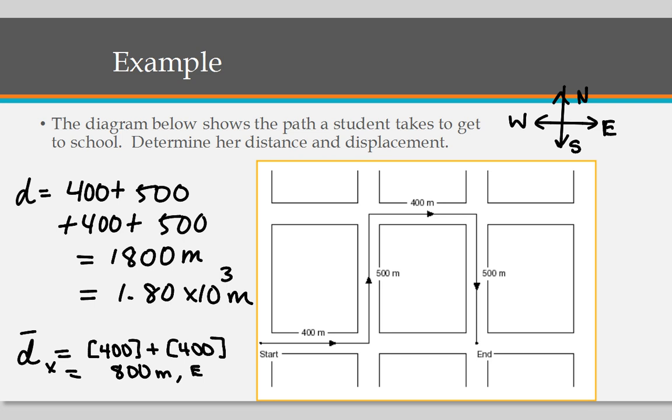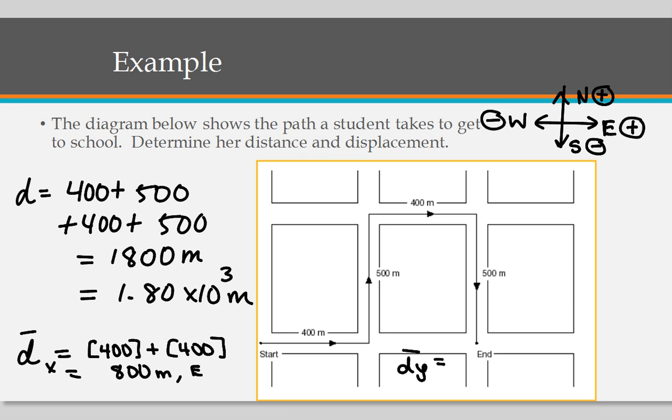Now, what's the displacement in y? 500 north and then 500 south. So those work against each other. Do you agree? Yeah, so my north would be positive and my south would be negative. Notice my east is positive and my west is negative.